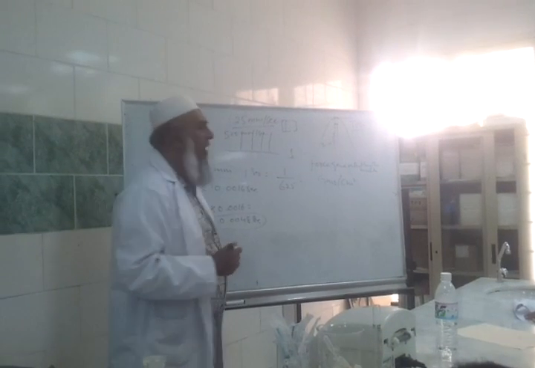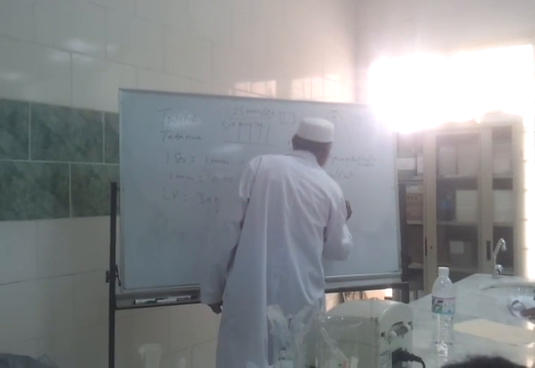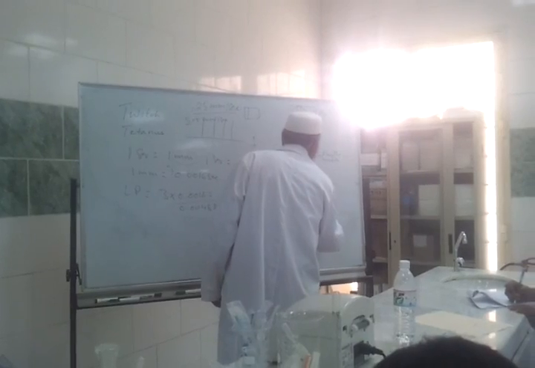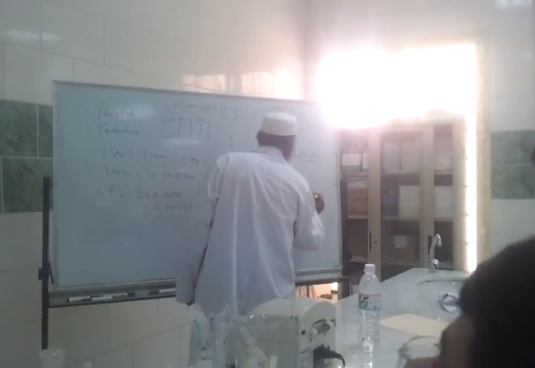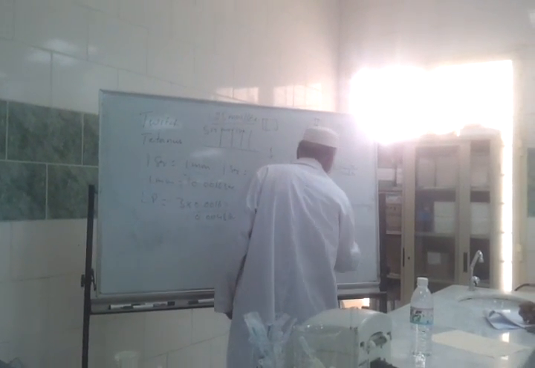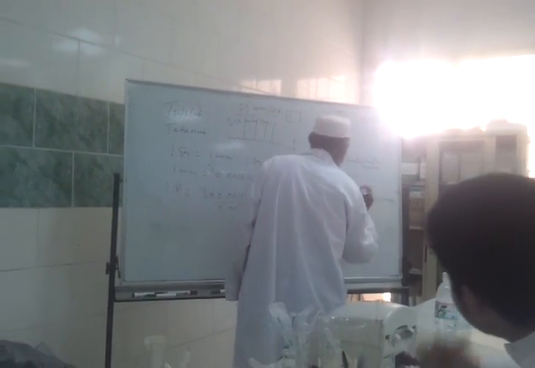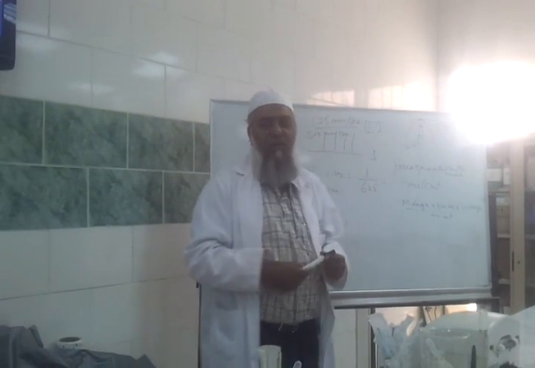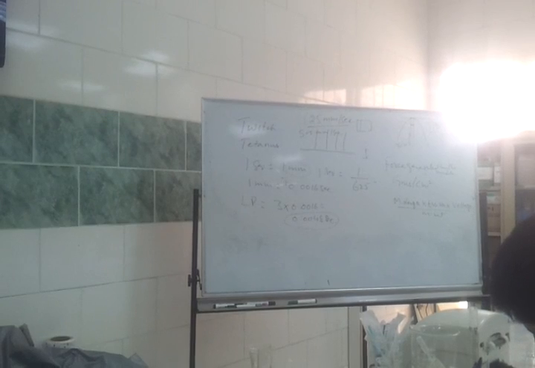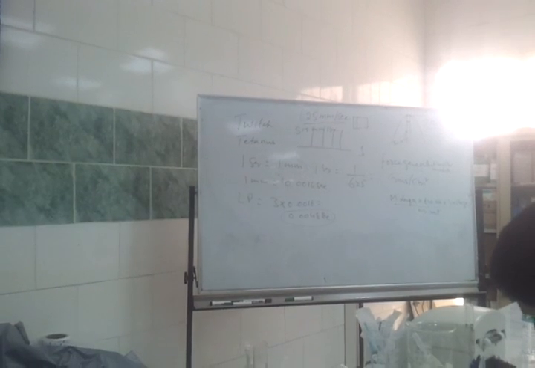There is a formula, and the formula is muscle length multiplied by twitch height multiplied by voltage divided by muscle weight.